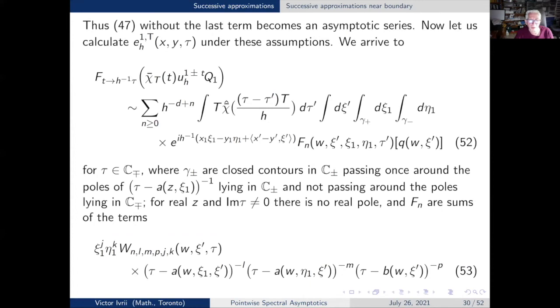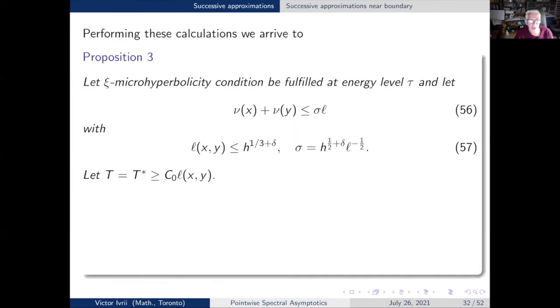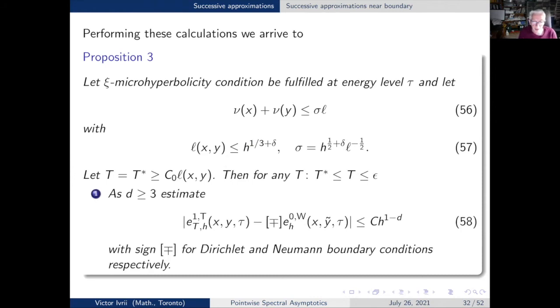So we get an asymptotic series, and making lots of calculations, we basically arrive at the proposition. If all this holds, then we have these conditions.